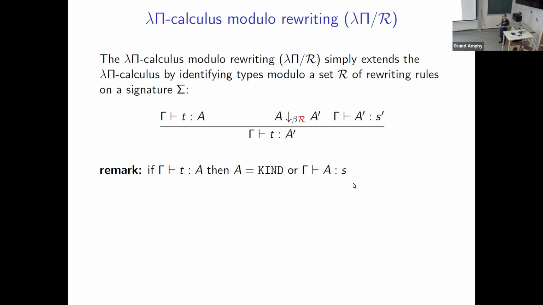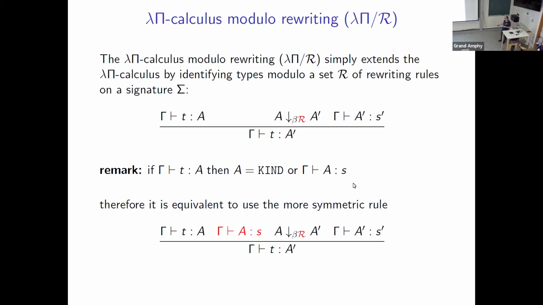When a term T has some type A, it's not very difficult to prove that, in the context of the lambda pi calculus, either A is a kind, where kind is a constant for typing kinds but kind itself has no type, or A is typeable by some sort, type or kind. So actually, we could have a symmetric version of this rule.